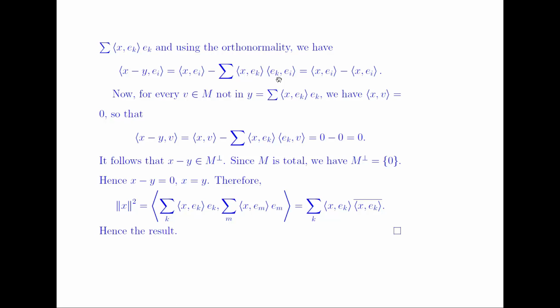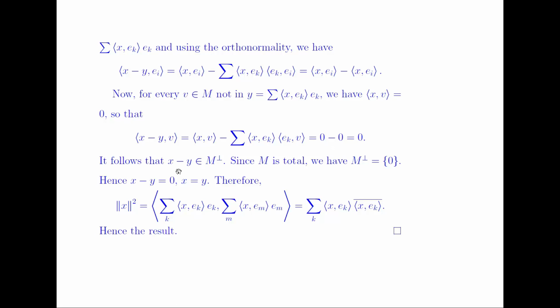Now for every v belonging to M not in y, which is the summation of the inner product of x comma e_k times e_k, we have the inner product of x comma v equal to 0. So the inner product of x minus y comma v is equal to the inner product of x comma v minus the summation of the inner product of x comma e_k times the inner product of e_k comma v, which is equal to 0 minus 0, which is equal to 0.